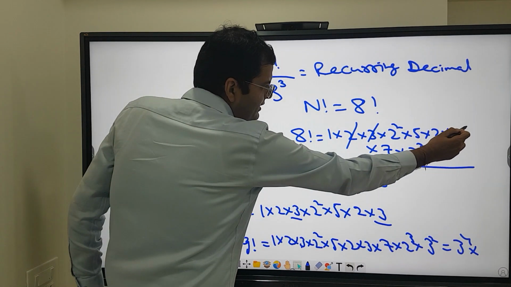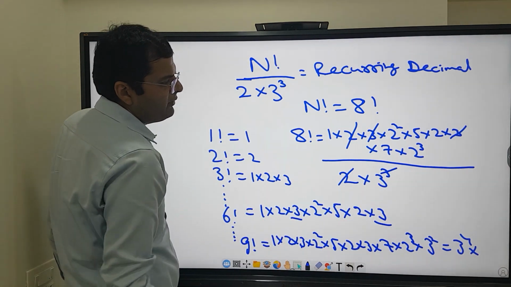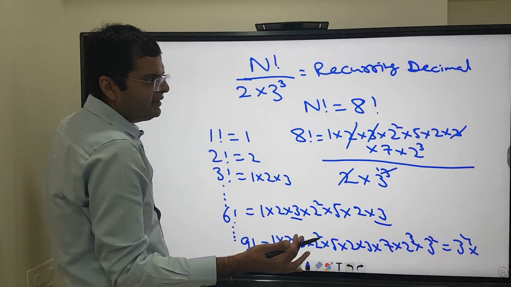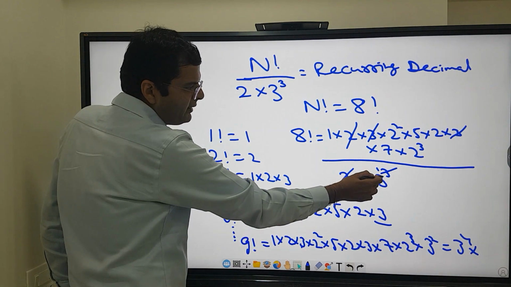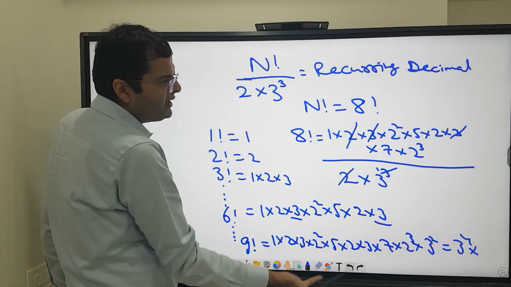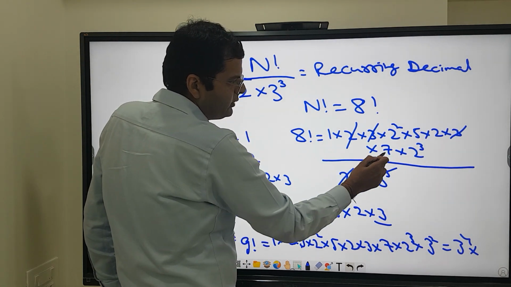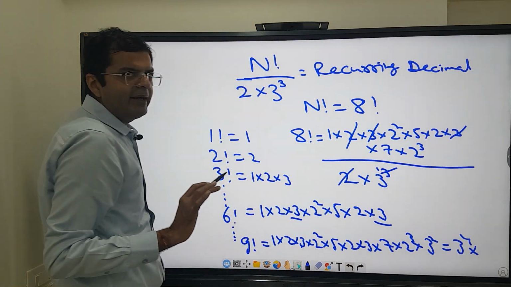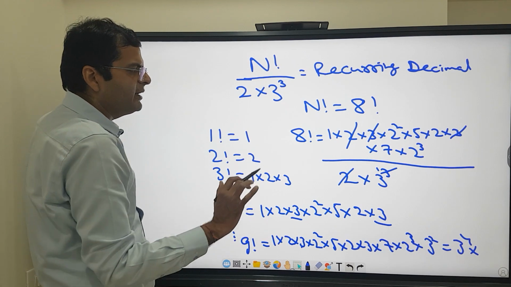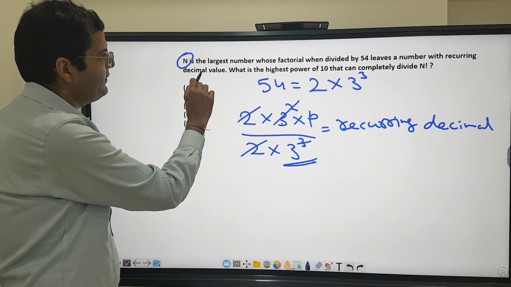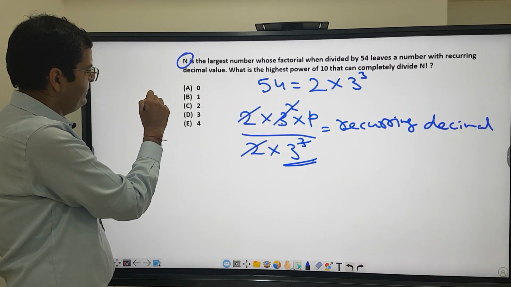One 3 and one 3 get cancelled, and the power of 3 will become 1, because two 3's are getting away from the numerator. So 3 cube will become 3 raised to 1. So I will have 1 into 2 square into 5 into 2 into 7 into 2 cube divided by 3, which will give me a recurring decimal. So what we have figured out is that n is 8.